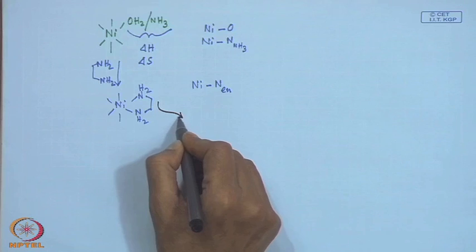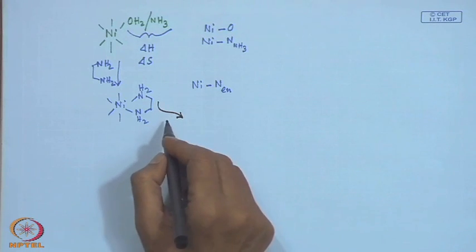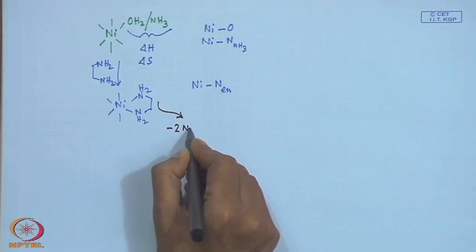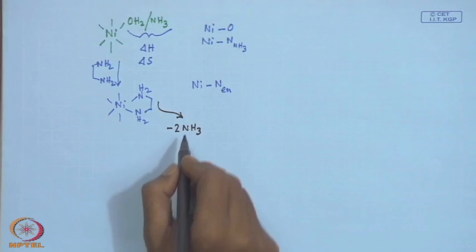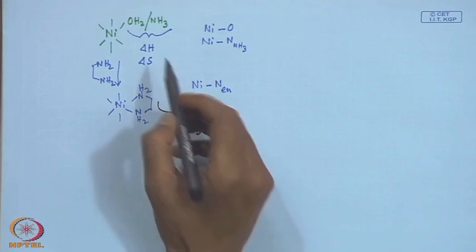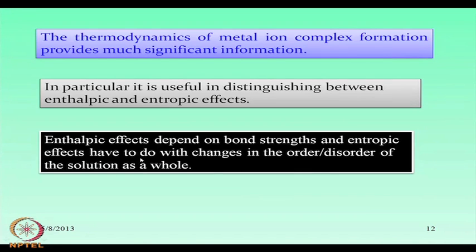In this particular case, when one ethylene diamine is binding to the nickel 2+ ion, it is removing 2 NH3 molecules. So more molecules are being removed from the system, so we should have some contribution from the entropy term. So this entropic effect will change the order and disorder of the solution as a whole. So how the entropy effect can contribute to the solution thermodynamics for the binding of the chelate ring to the metal ion.